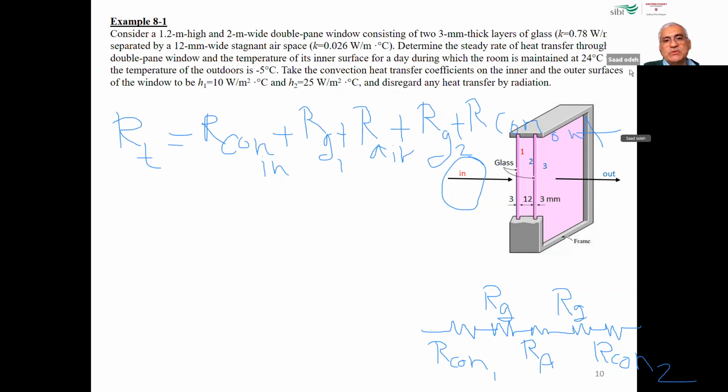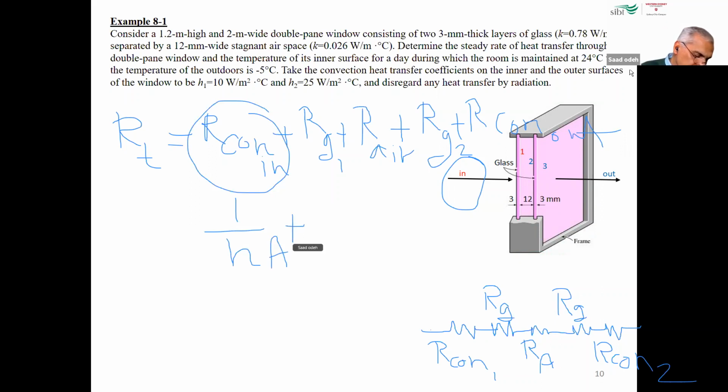So we have 1, 2, 3, 4, 5 thermal resistances. And each one of them, you can say easily, this one is 1 over H1 A, and then this one, delta X divided by K A, and so on. It's quite easy, really.